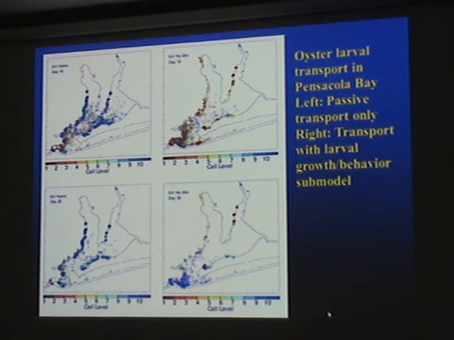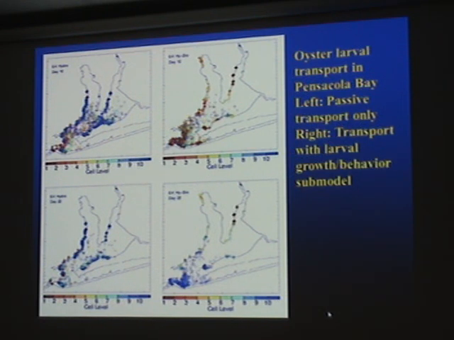Whereas in the right panel, we've included the oyster model embedded within the particle trajectory. So for each particle, there's oyster biology included, and its growth and mortality based on information on food supply that was collected by some of the staff at FWRI. And they can also migrate vertically.